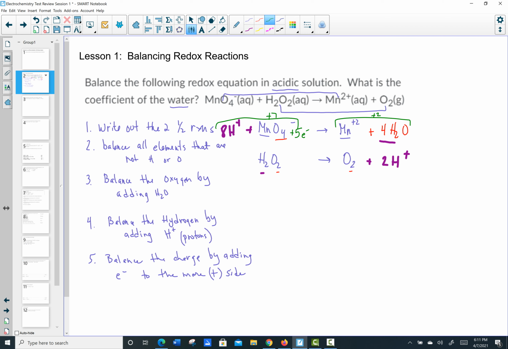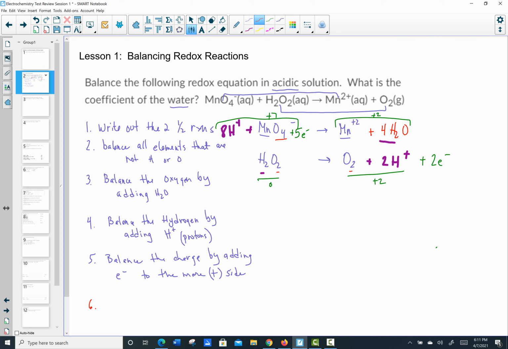Let's do the same strategy for the second half reaction. The second half reaction has a +2 on the right side overall and a 0 charge on the left side overall. To the more positive side, we'll add 2 electrons so that both sides are now at a net 0.